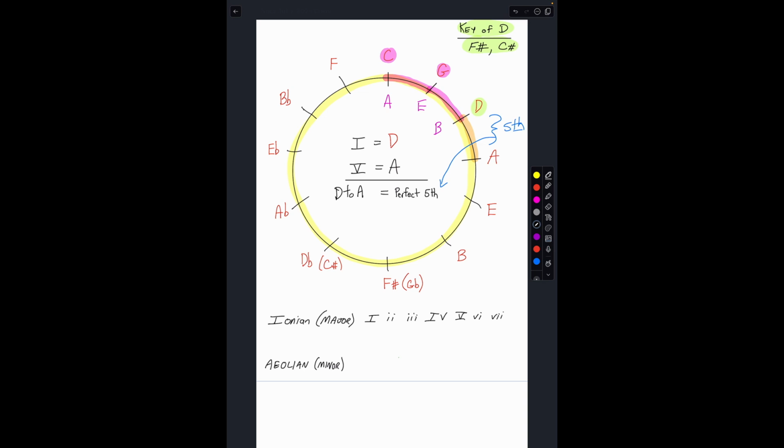Now, you see these fancy words. I'm going to highlight right here. You see Ionian. That is just the fancy word for major scale, all right? I like to think of the major scale as the blueprint for everything. So you need to learn the reason we have these Roman numerals. Let's focus on this one.